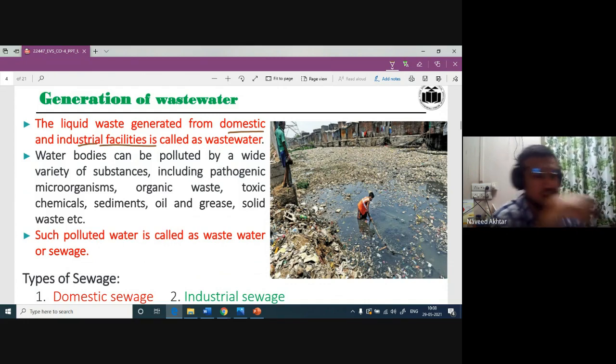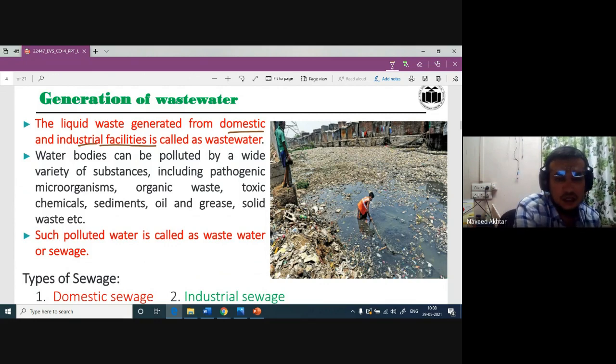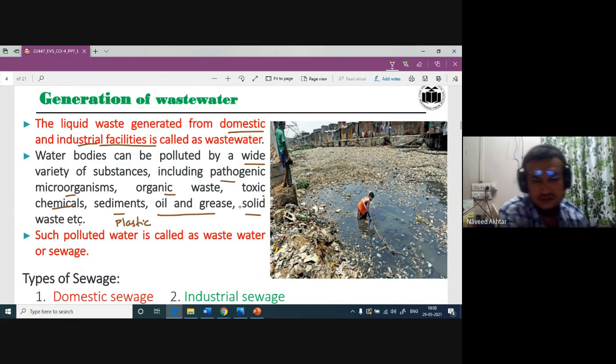Also, water bodies can be polluted by a wide variety of substances, including pathogenic microorganisms, organic waste, toxic chemicals from industries, sediments from runoff, oil and grease, solid waste, and most dangerous nowadays, plastic. Plastic also comes into the solid waste, but it is very harmful for nature.